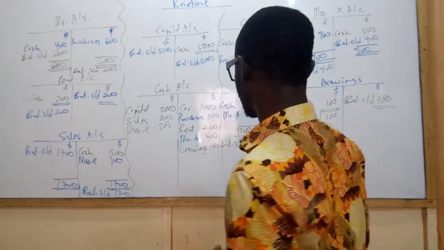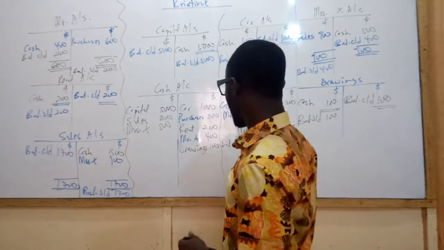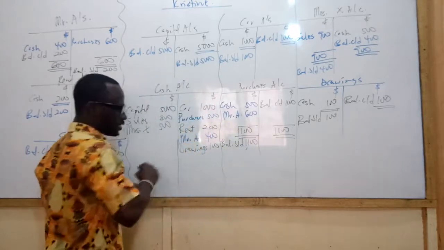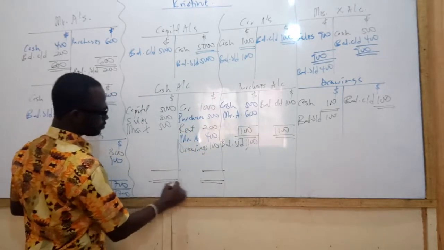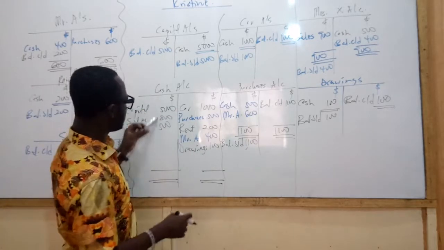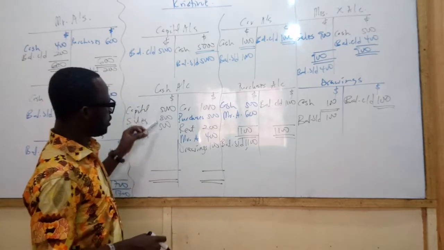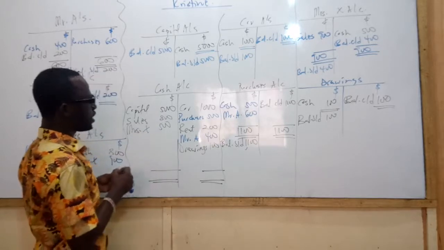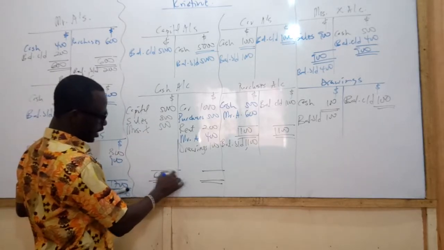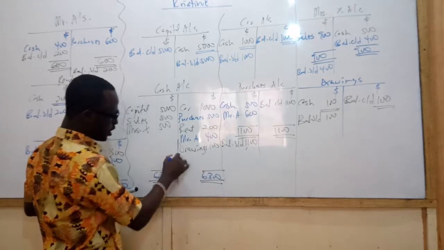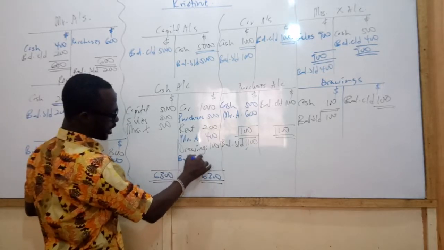All right. Then we come to the cash account. Let's see how we balance that up. When we add the debit side, it's going to be 6,300. So I think that is the biggest. So 6,300, 6,300. So we're going to have balance carried down here.